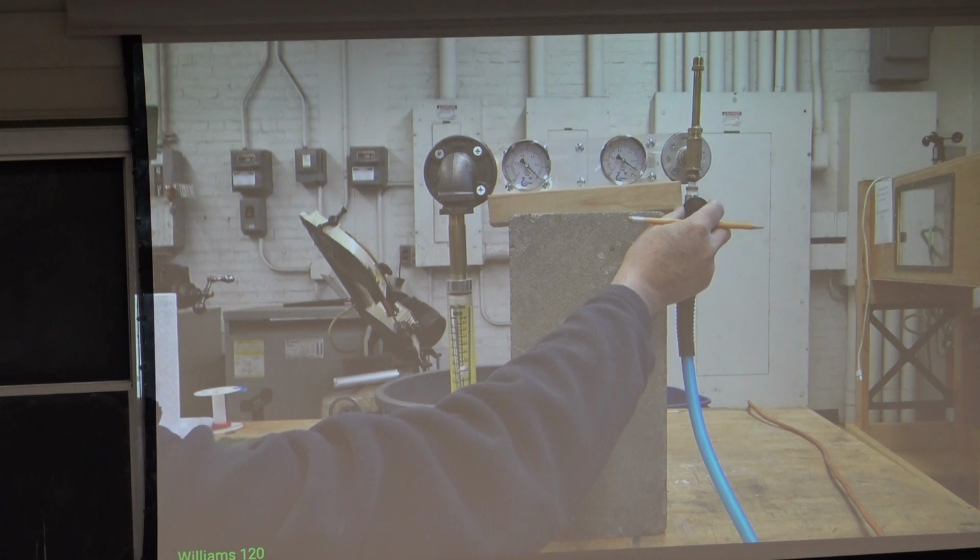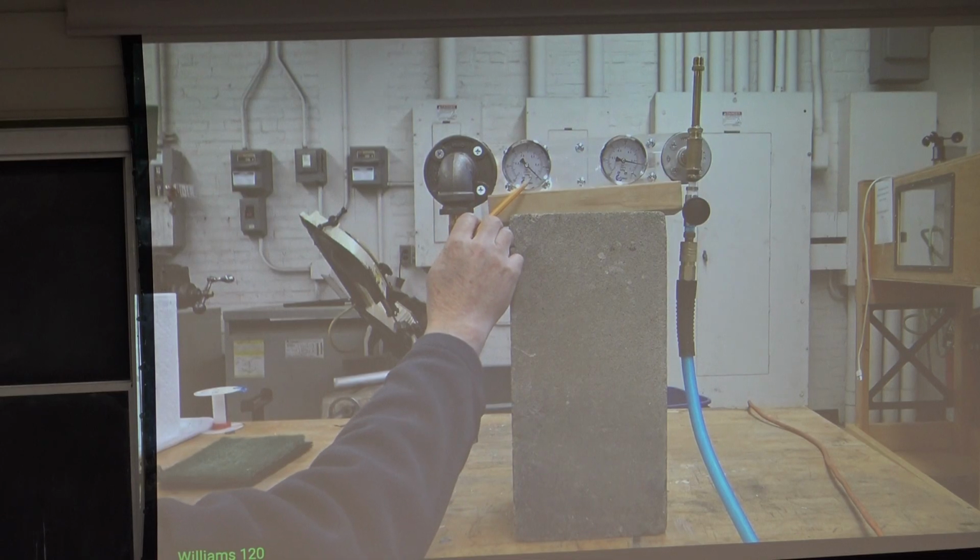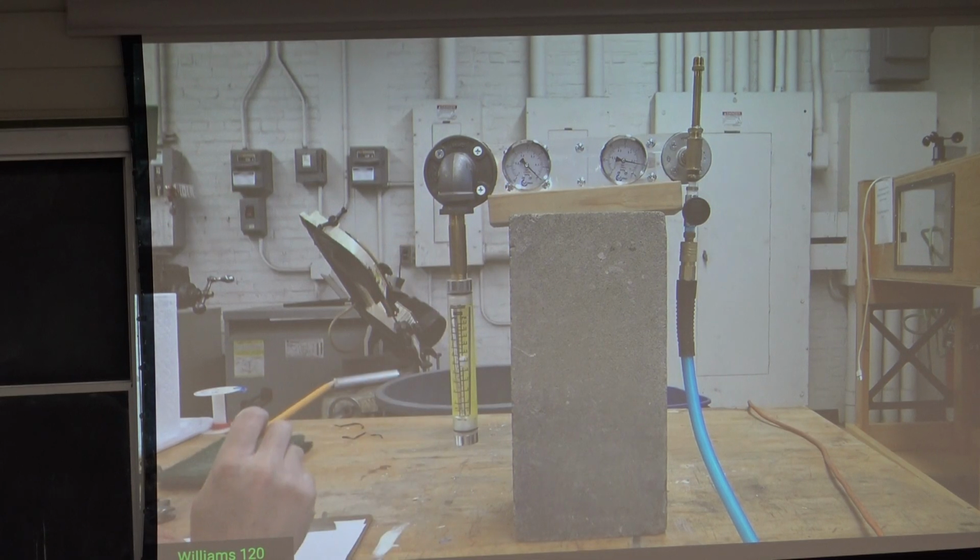Bring it up some more. There's 5 inches of mercury. Still haven't lifted off. We're still at atmospheric pressure upstream. And on the flow meter, we're up to 0.55.